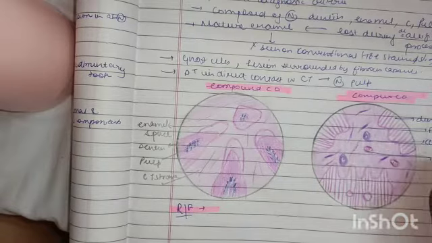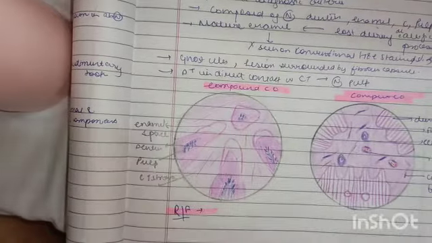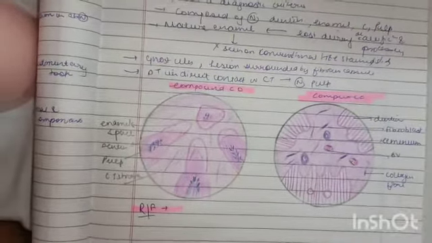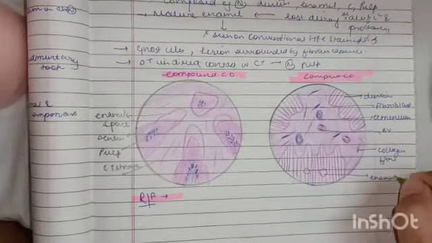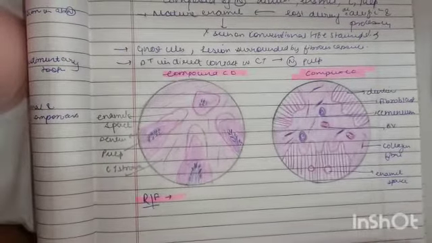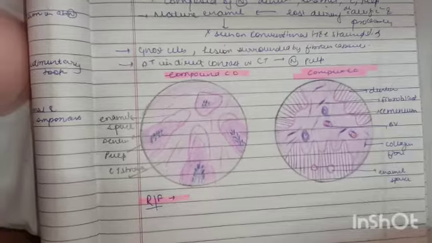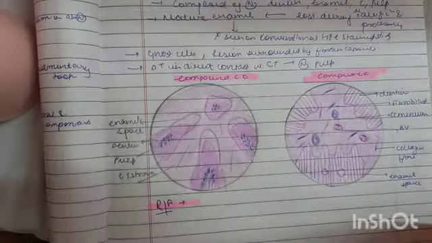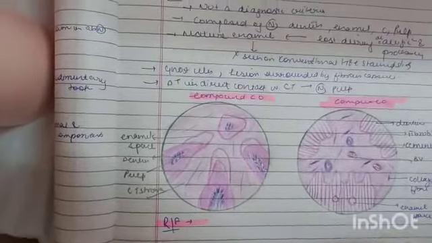Then blood vessel, collagen fiber, and enamel space. I'll just keep it for some time here so that you can screenshot. Yeah, so this is the diagram.